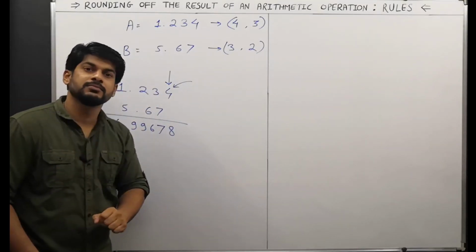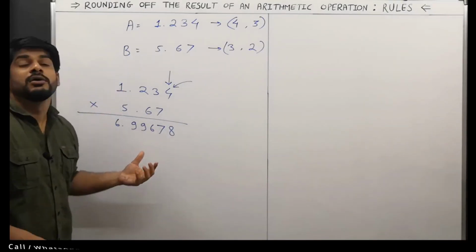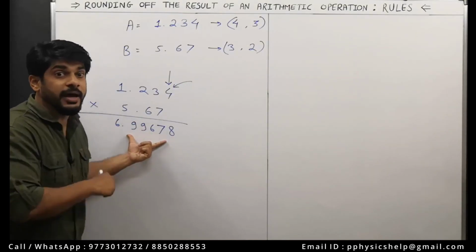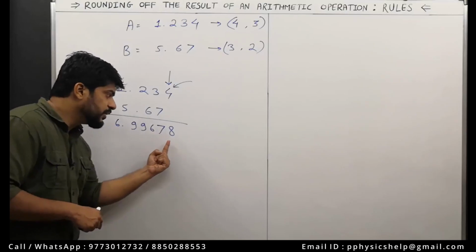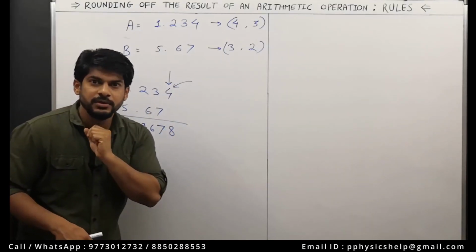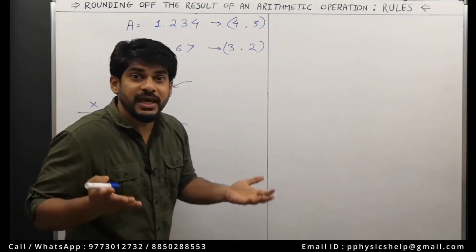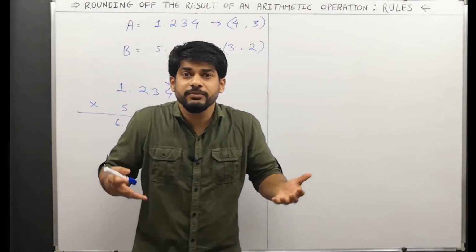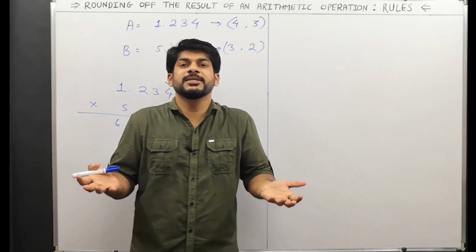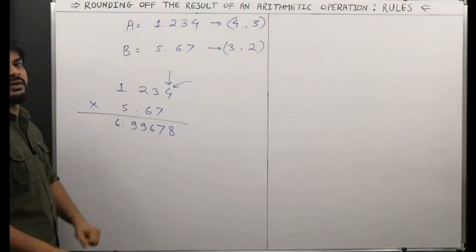Can it happen? Resolution means precision. So can the answer of this operation be more precise than the values themselves? Definitely no. How can it be more precise? No way. Definitely it cannot be more precise than this one.